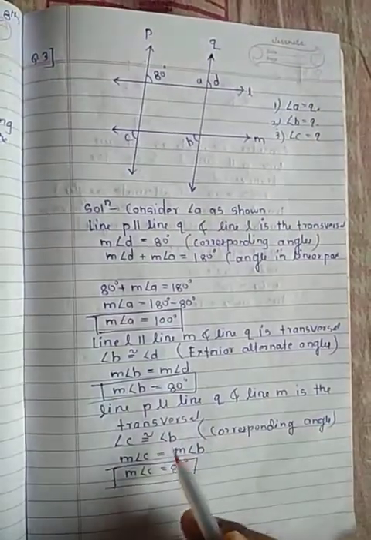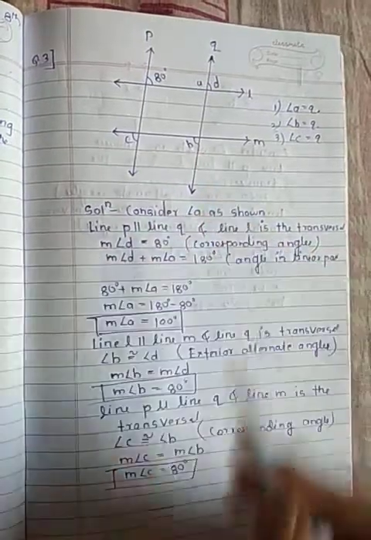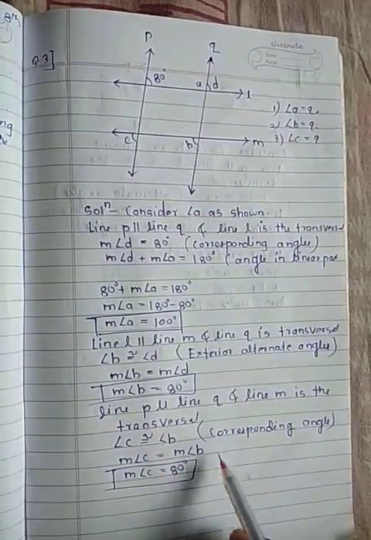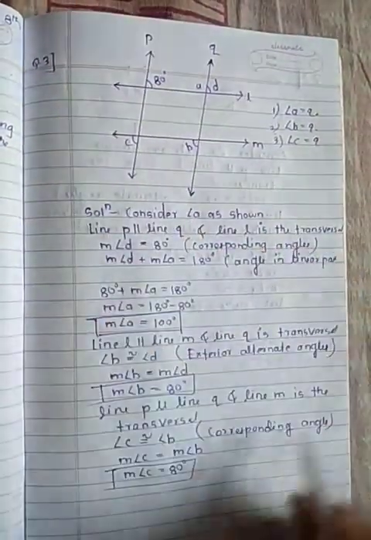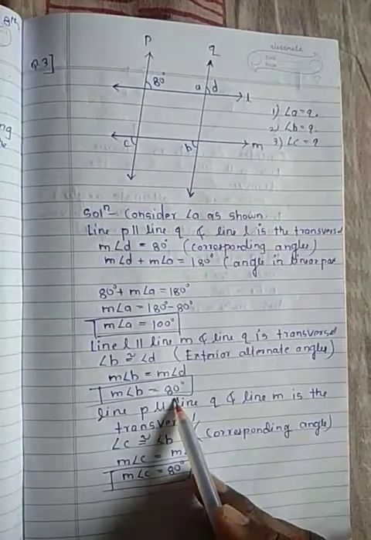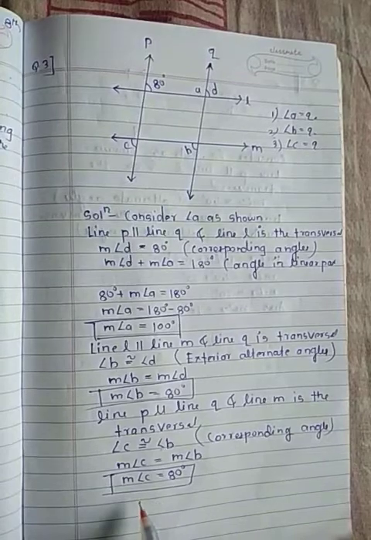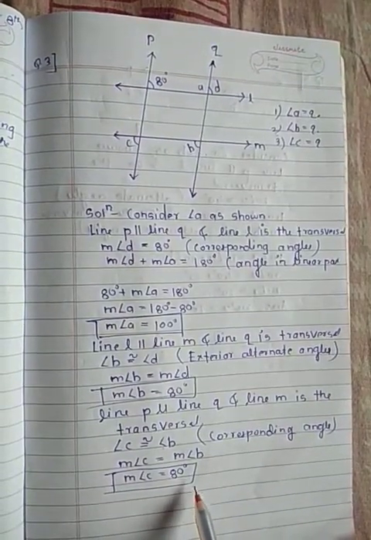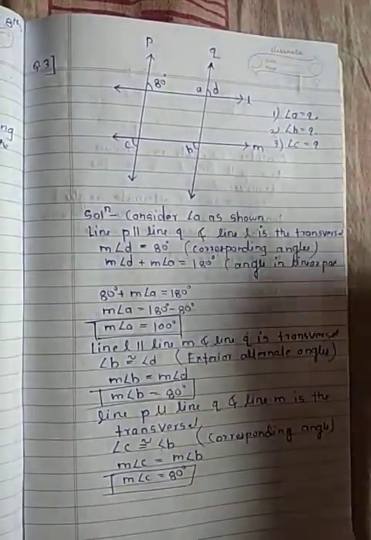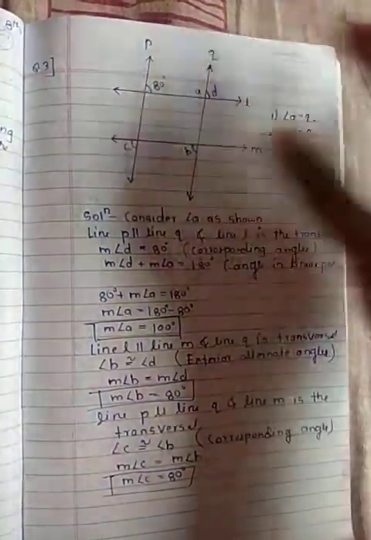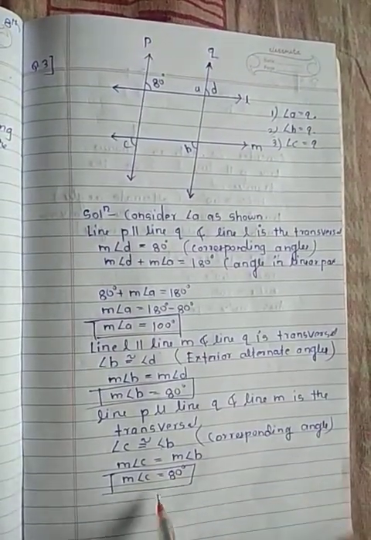So angle C is congruent to angle B. These are corresponding angles, in the same direction. Obviously we found angle B to be 80 degrees, so angle C is also 80 degrees, according to corresponding angles. Here we apply the same two parallel lines and transversal theorem, and we have to find the measures of angles A, B, and C.